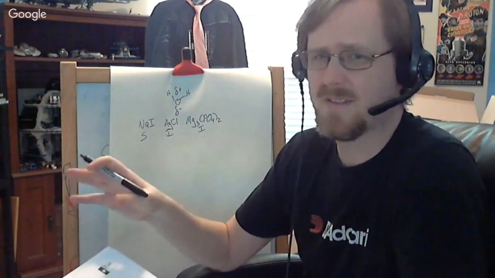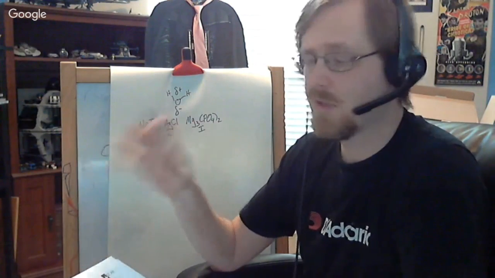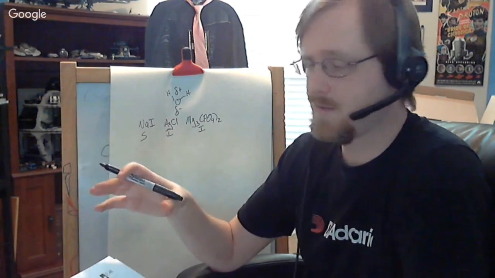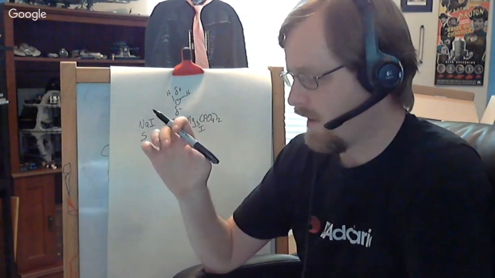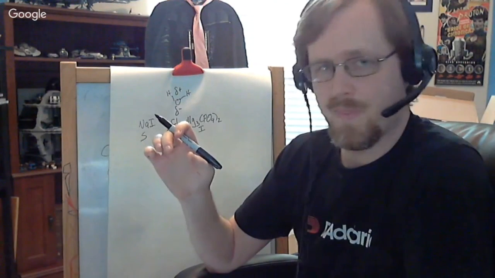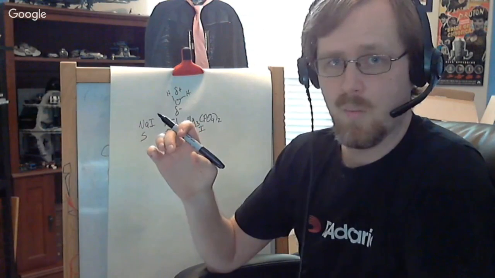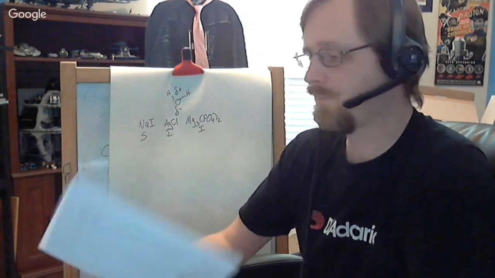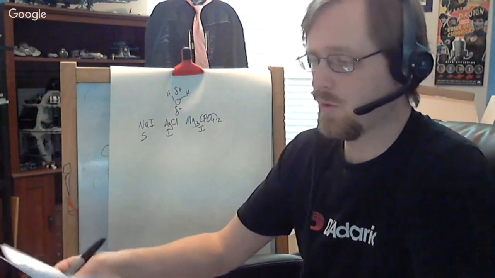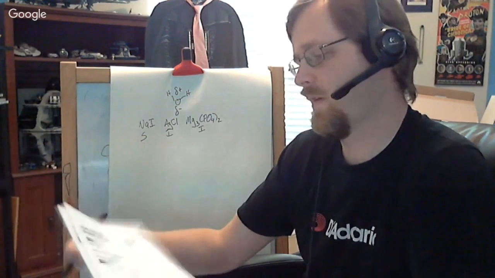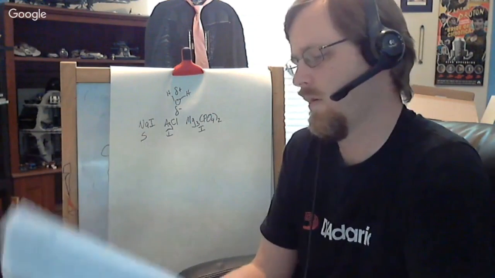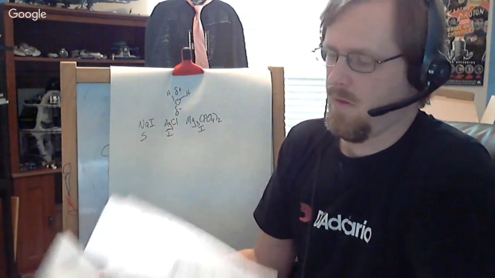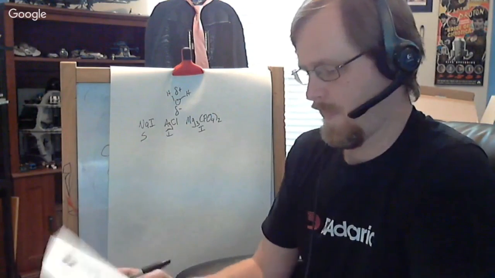So that's doing the solubility of ionic compounds. Now there are a couple of other things that could come up with solubility, and those are the two equations, which let me find here.